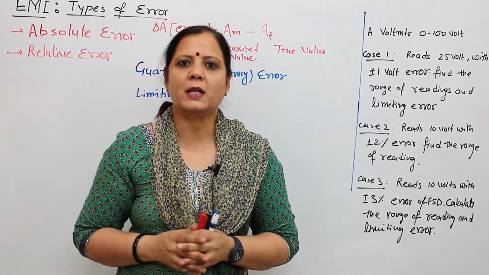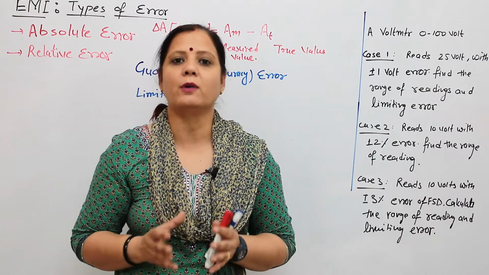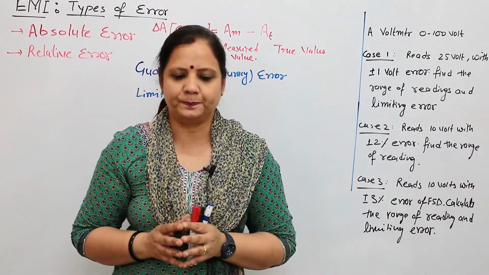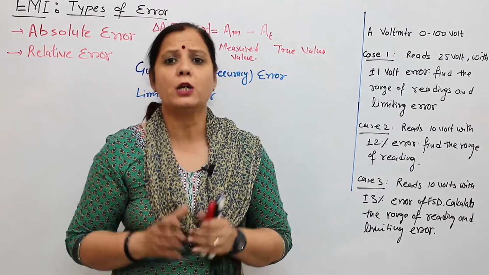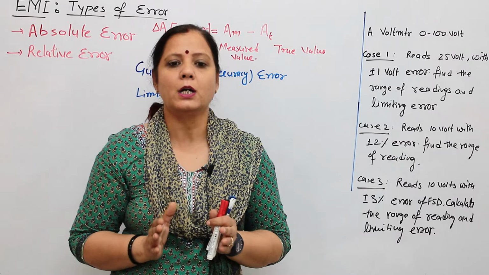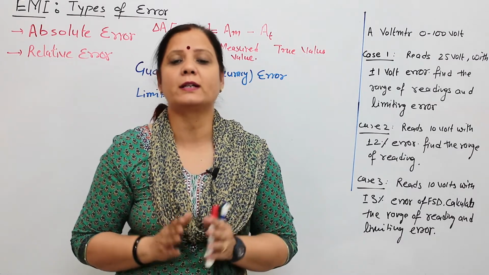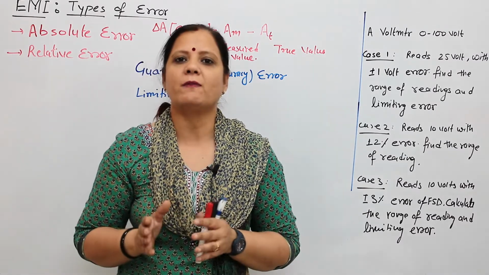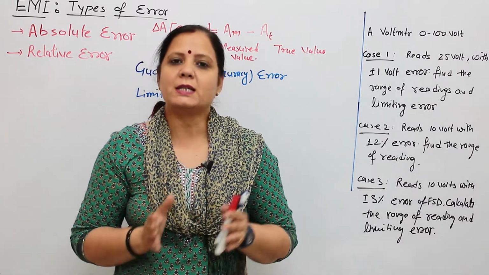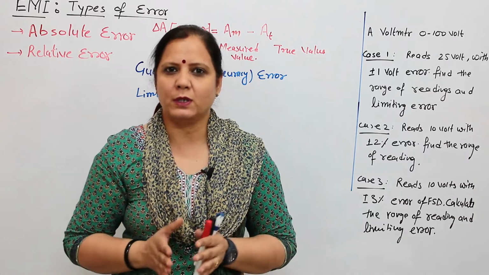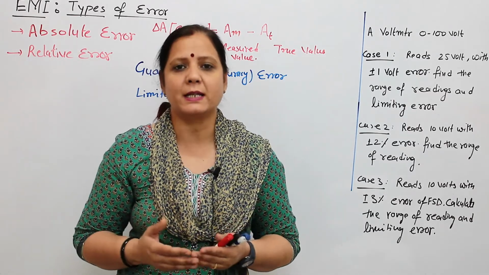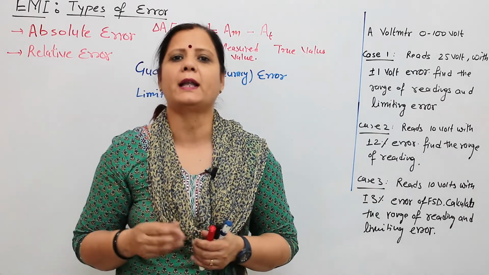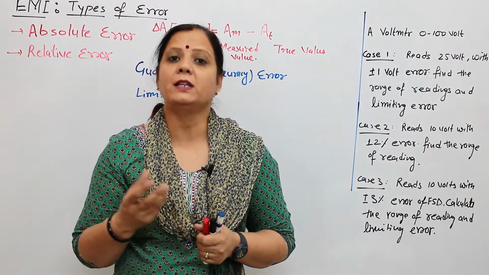For example, if you bought 1 kg of sugar, your weighing machine should reflect 1 kg on the scale. When you put this 1 kg of sugar on the weighing machine, your weighing machine is reflecting 983 gram.